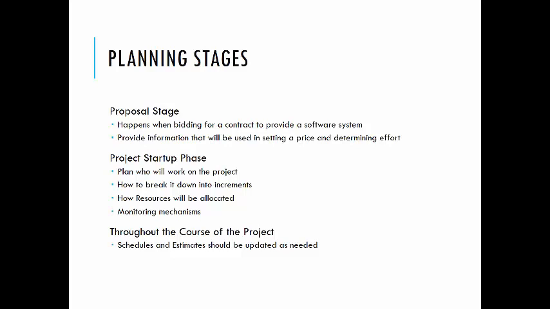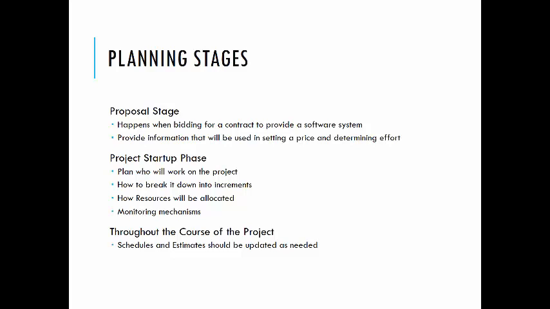Throughout the course of the project, you'll still engage in planning, and basically that's updating the schedules and estimates, a la IBM, or just cursing at them the way that Ford did. And it's interesting to note that even in agile development, the startup plan is still needed, basically to allow you to allocate resources to the project.